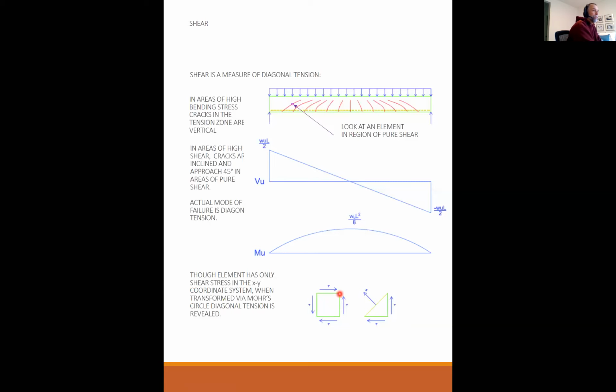You don't see it here, but if you rotate those axes and solve for the rotated normal stresses, it is hiding within that stress transformation. And the concrete finds it because this tension is the weakest direction for concrete. So concrete doesn't know anything about stress transformation, but it will find that weakest direction and crack in that weakest direction. Does that help?